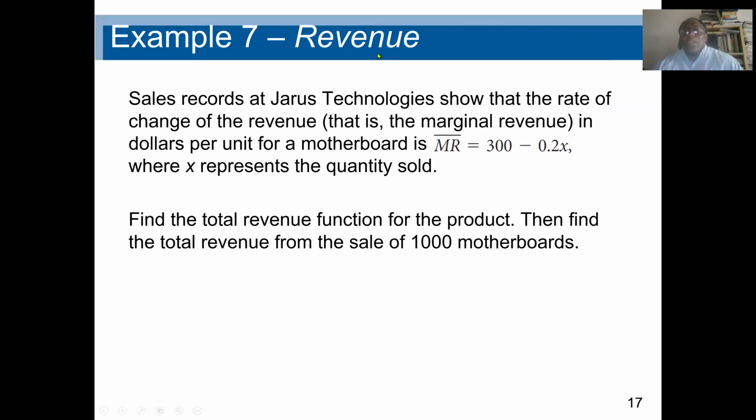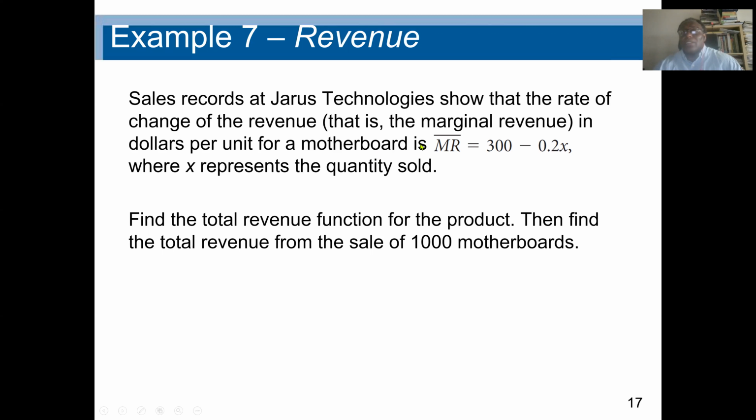Now we can also apply this in integrals. So here we have a question saying that the sales records at Jaros Technology show that the rate of change of the revenue, which is the marginal revenue in dollars per unit for a motherboard, is MR equal to 300 minus 0.2x.